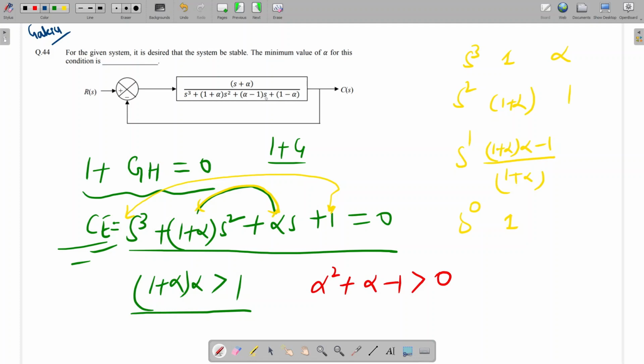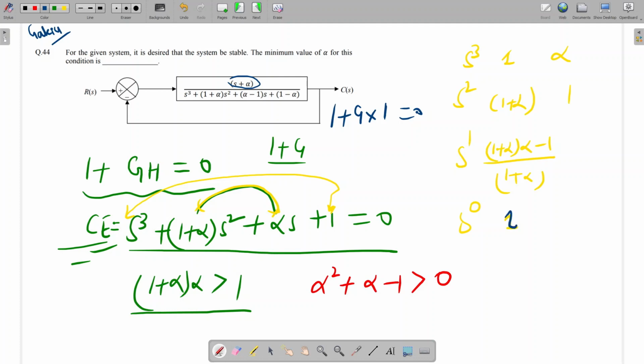Plus (alpha minus 1) s, plus this term will be added there. So alpha minus 1 plus 1, that will be alpha only. Again, this alpha is there in the constant, it will be added there. This is G. So 1 plus G into 1 equal to 0. G into 1 means this will come here and this will be added. So this is correct only.